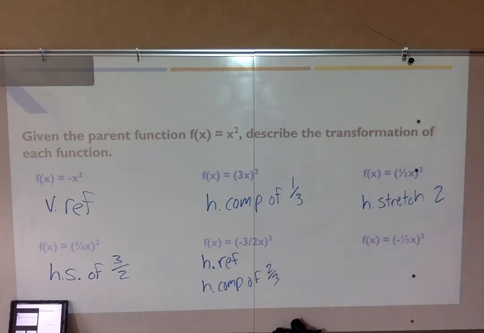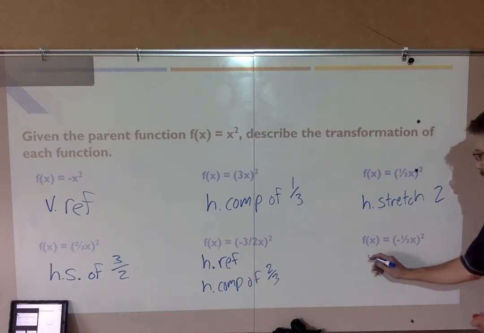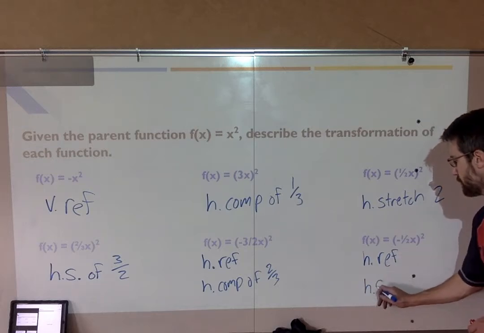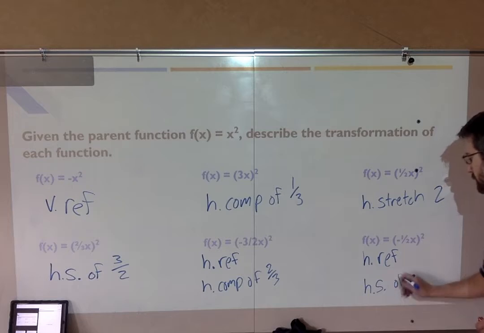And then our last one, again, not a horizontal stretch of -2, it's a horizontal reflection and a horizontal stretch of the reciprocal of 1/2, which is 2/1, or just 2.